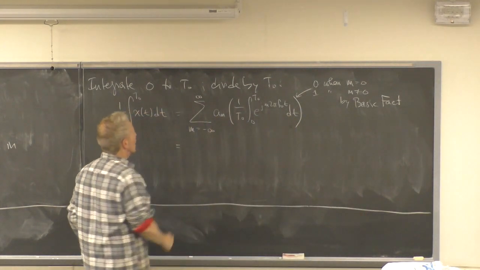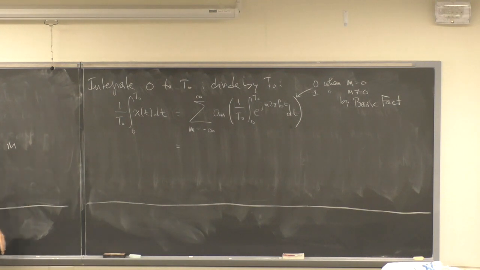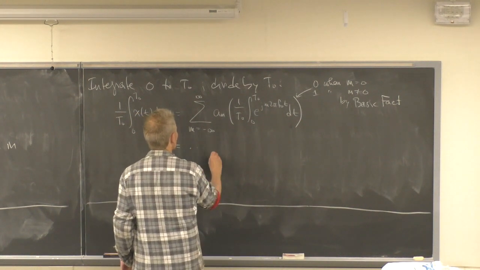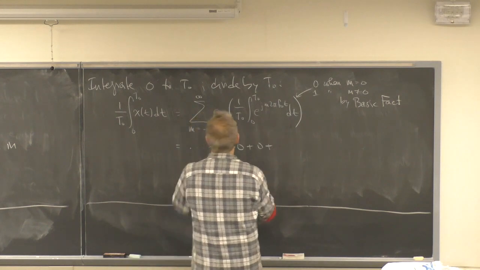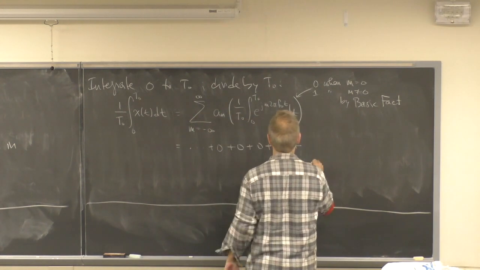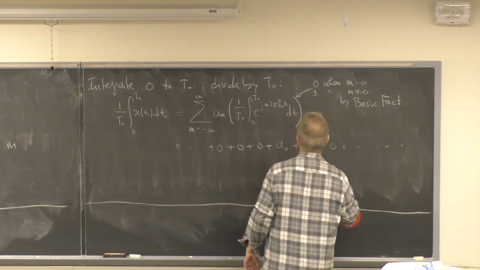So what does that mean? On the right-hand side, it's an ostensibly infinite sum of things, but infinity minus 1 of them are 0, okay? And only 1 is non-zero, possibly, right? So what this whole thing looks like is dot, dot, dot, plus 0, plus 0, plus 0, plus a0. That's the only one that has a non-zero thing multiplying it, plus 0, plus dot, dot, dot.